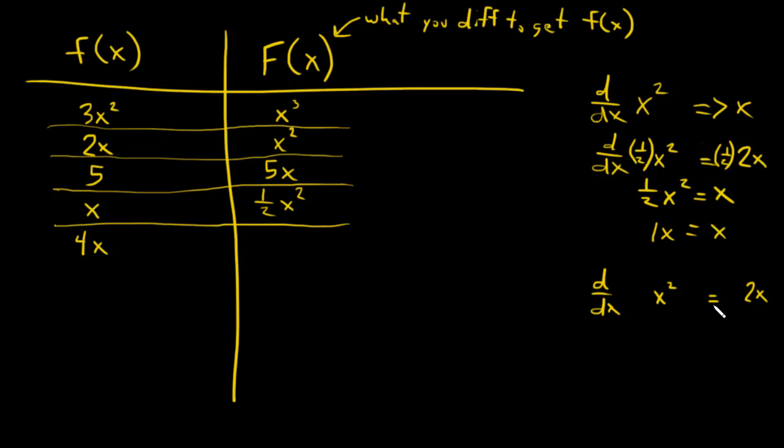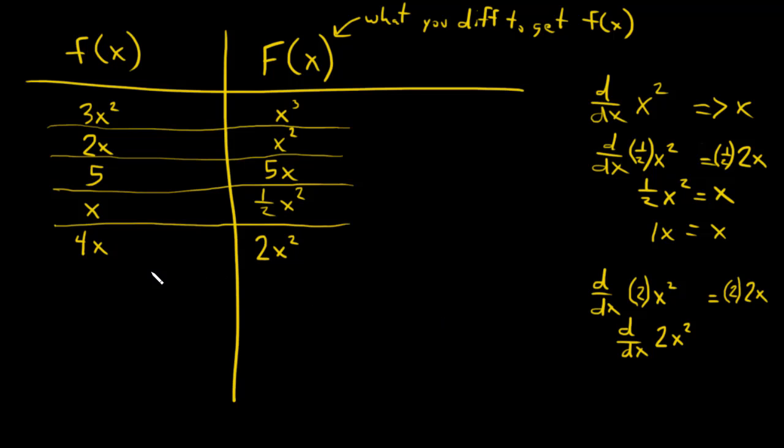How do I get 4x? Well, I need to multiply by 2. So what do I differentiate? Differentiate 2x squared. Sound good? Alrighty.